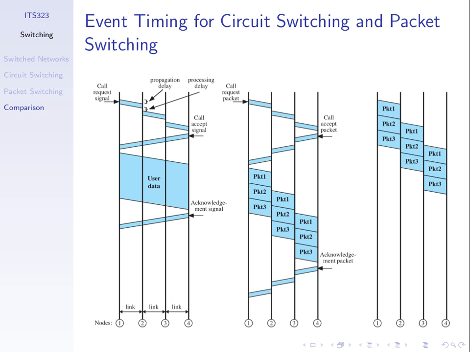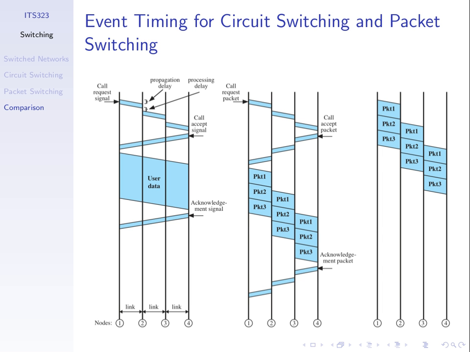With packet switching, the delay may vary because of the queuing delay. Another advantage of datagram packet switching is that it's simple. You just send packets. There's no need for the extra step of setting up a connection.